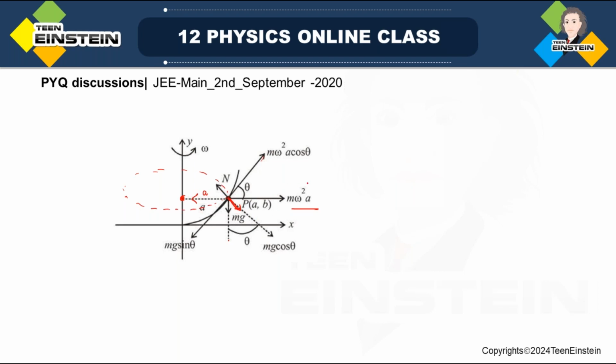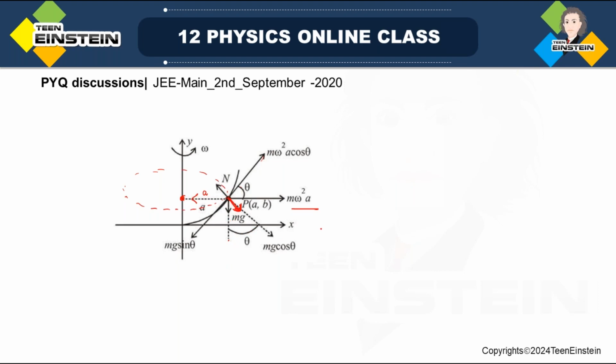So mg makes an angle theta with the line exactly opposite to the normal force. This angle will be theta.